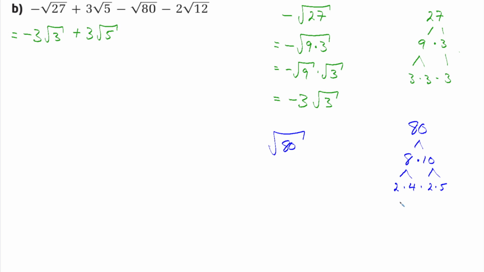Now the 2 comes down. 4 is 2 times 2, times 2 times 5. So 2 times 2 times 2 times 2, well, that's 4 times 4.